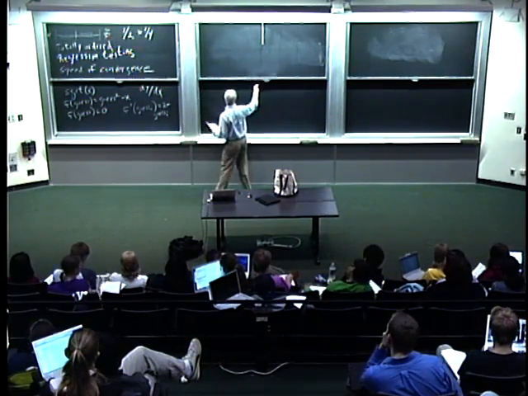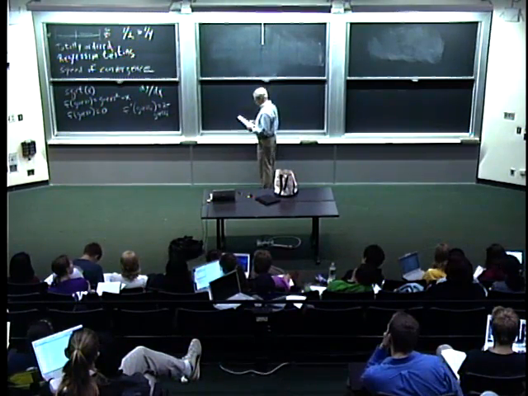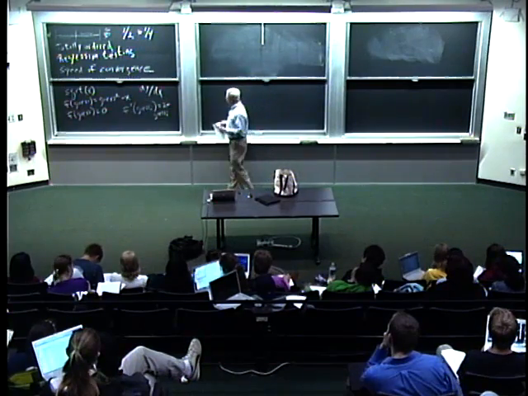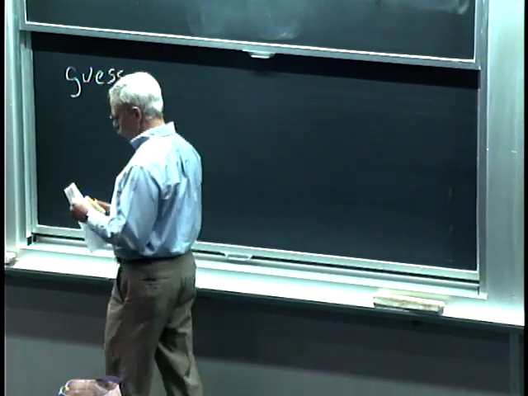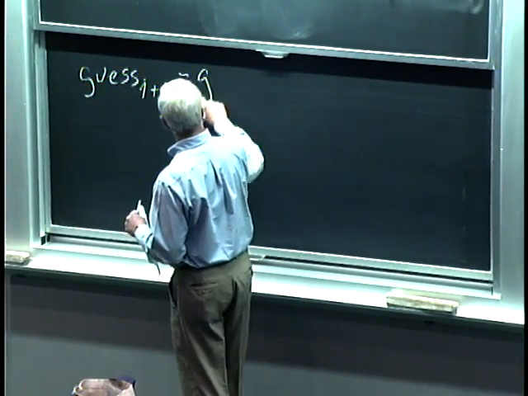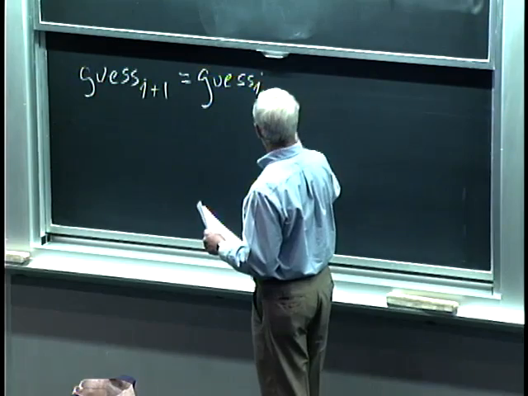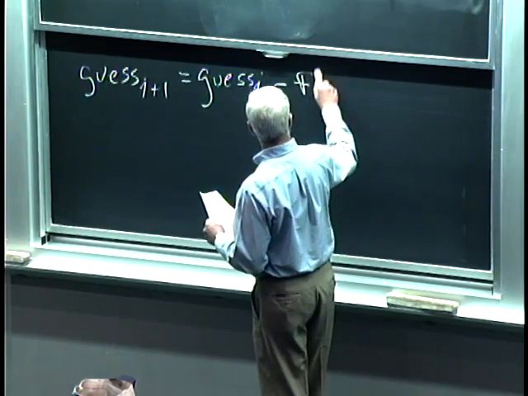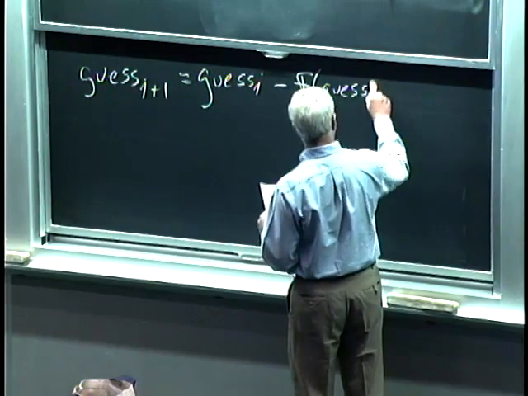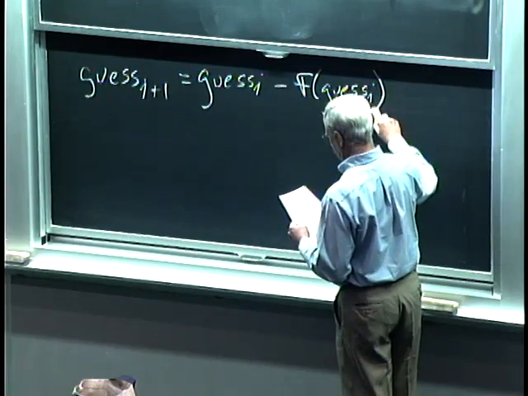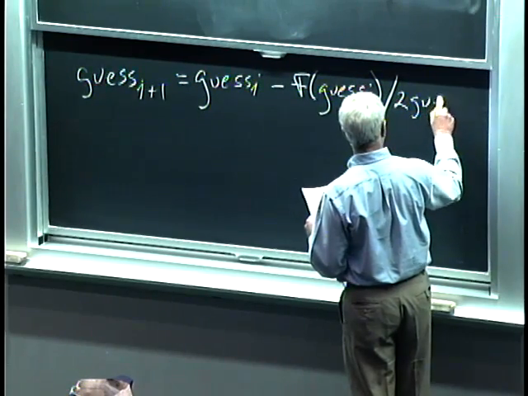Therefore, and here's the key thing we need to keep in mind, we'll know that we can choose guess i plus 1 to be equal to the old guess, guess i, minus whatever the value is of the function at the old guess, divided by twice the old guess.